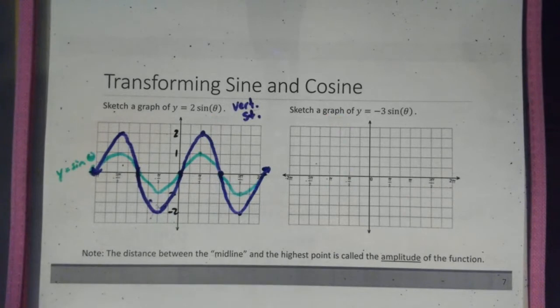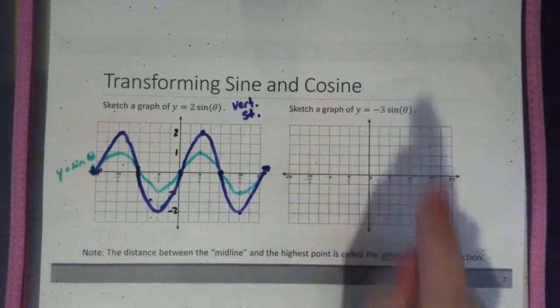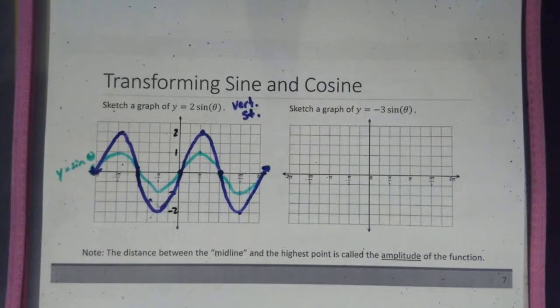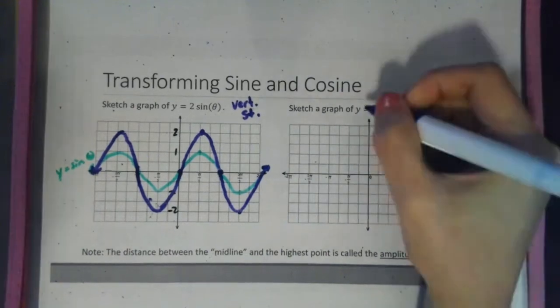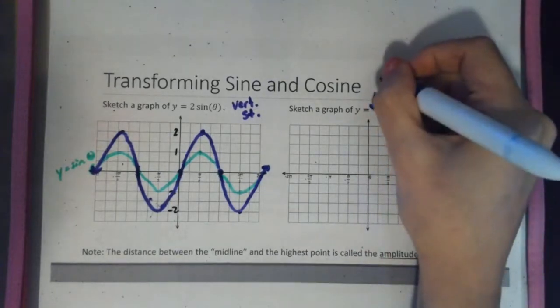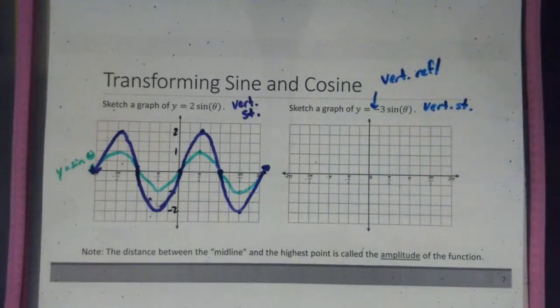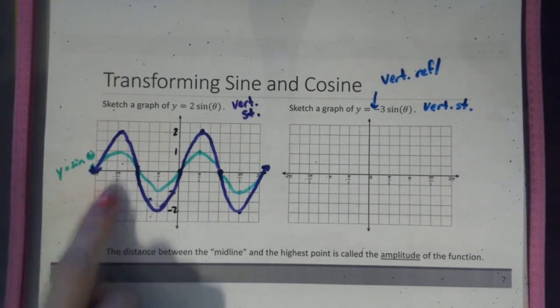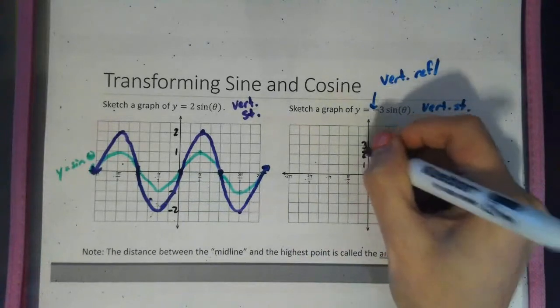Next up, we're going to graph y equals -3 times the sine of theta. So we still see that stretch factor, this time it's 3, but there's also a negative. So we're going to take the normal sine graph. There's a vertical stretch by a factor of 3, but then that makes a reflection. That one's a vertical reflection. So what I'll do is I'll first graph y equals 3 times the sine of theta, because I already had sine of theta over here. So we'll go 1, 2, 3 this time so that fits.